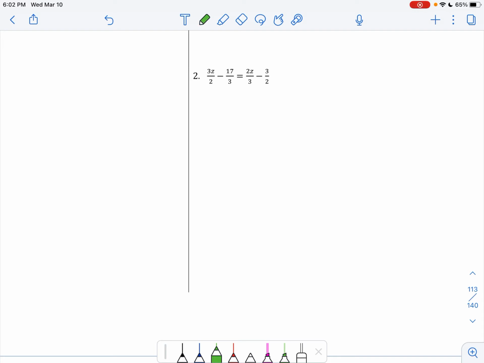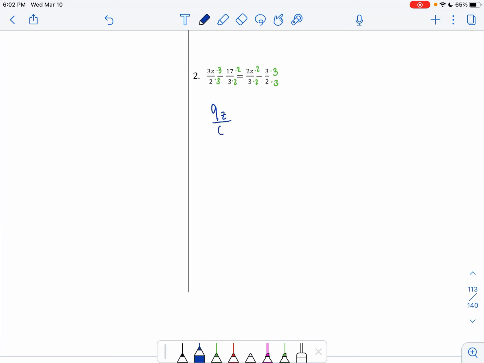So in this case, I see fractions, so I'm going to use a common denominator. I see that my denominators here are 2 and 3. So I'm going to make my common denominator 6. So in this case, I'm going to multiply this fraction by 3, so my denominator is 6. This fraction by 2, by 2, by 3. So I'm going to get the denominators.